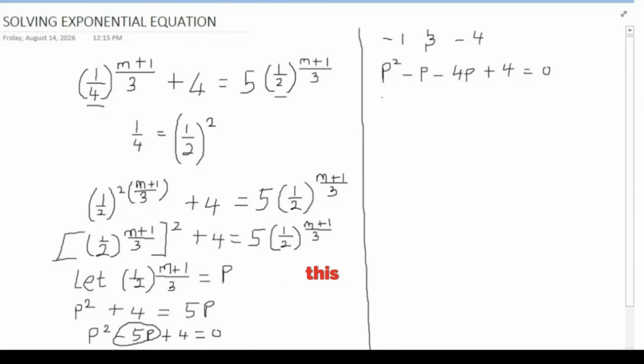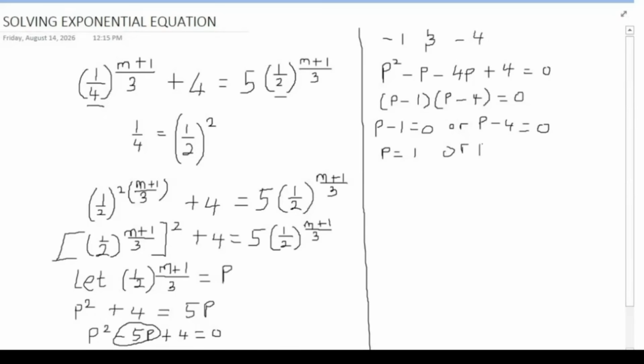Now, when you factorize this, we are going to have P minus 1, open bracket, P minus 4. So from here, we can say either P minus 1 is equal to 0 or P minus 4 is equal to 0. So our P is equal to 1, or P is equal to 4.